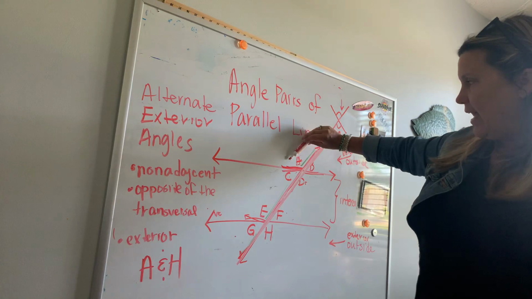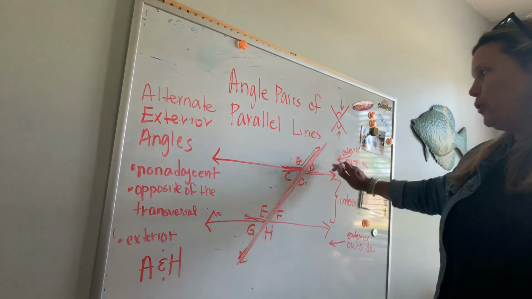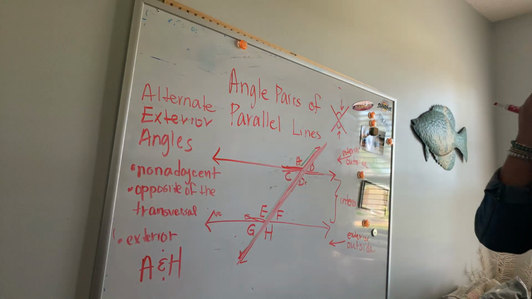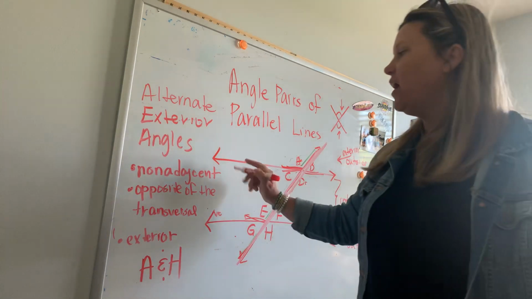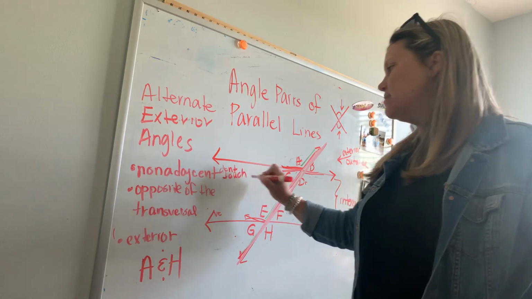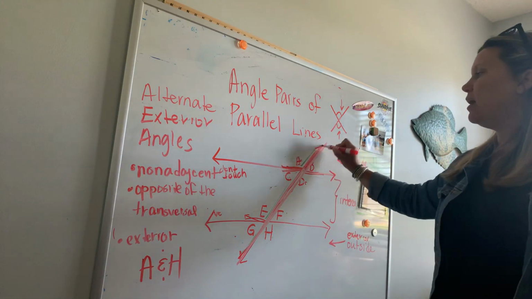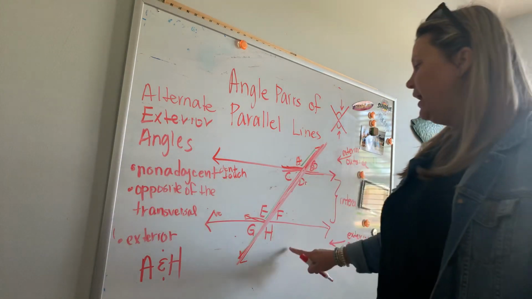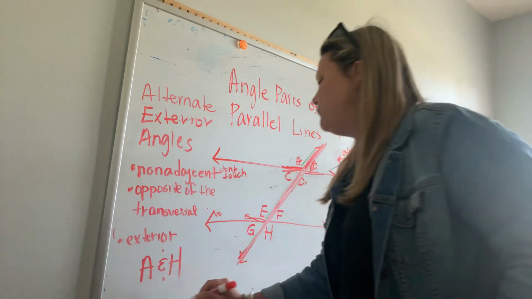So A would have to be over here. It couldn't be B. A and B are on the opposite side of the transversal, but they're not allowed to touch. Adjacent means they're sharing a side. A and B are sharing that side there, so it can't be that. So A and H and B and G are exterior angles.